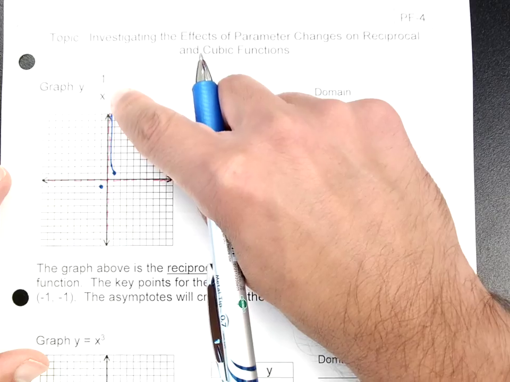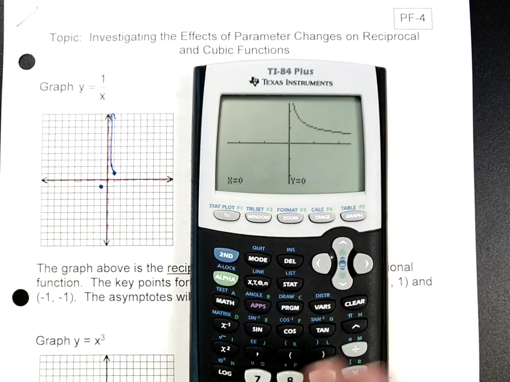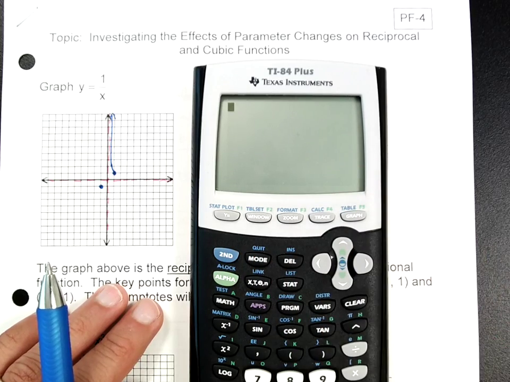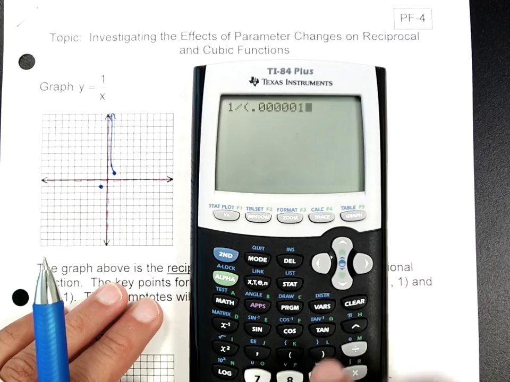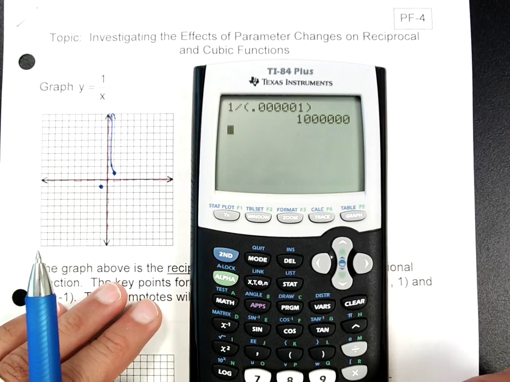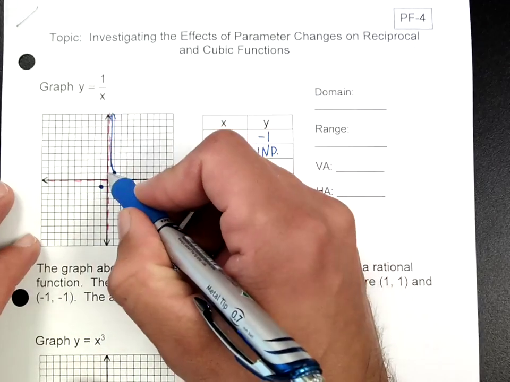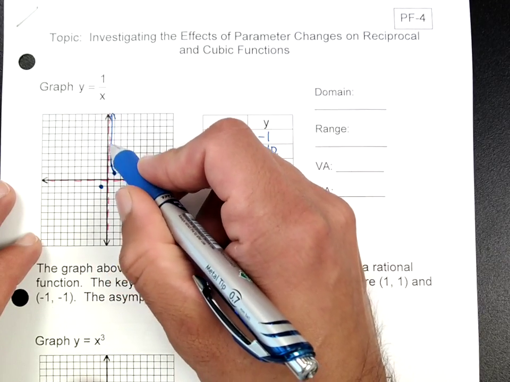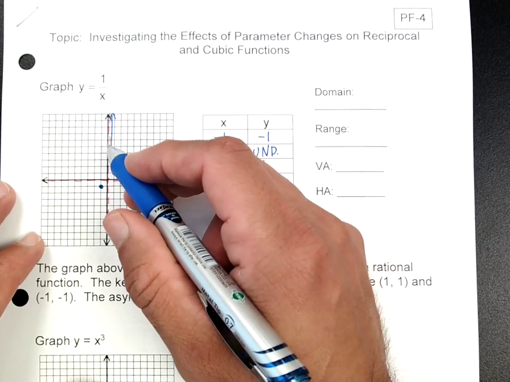Do you know that if you divide by a really small number, you get a bigger number? Like 1 divided by 0.00001, you get a really large number. So it's kind of weird. Notice that the closer I get to this line, which is 0, the smaller this x gets, the bigger the y value.